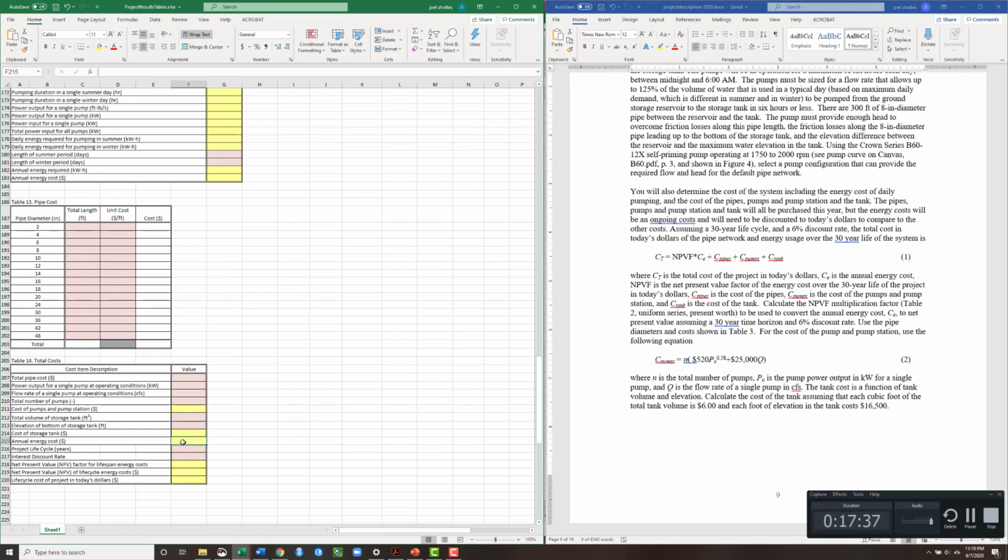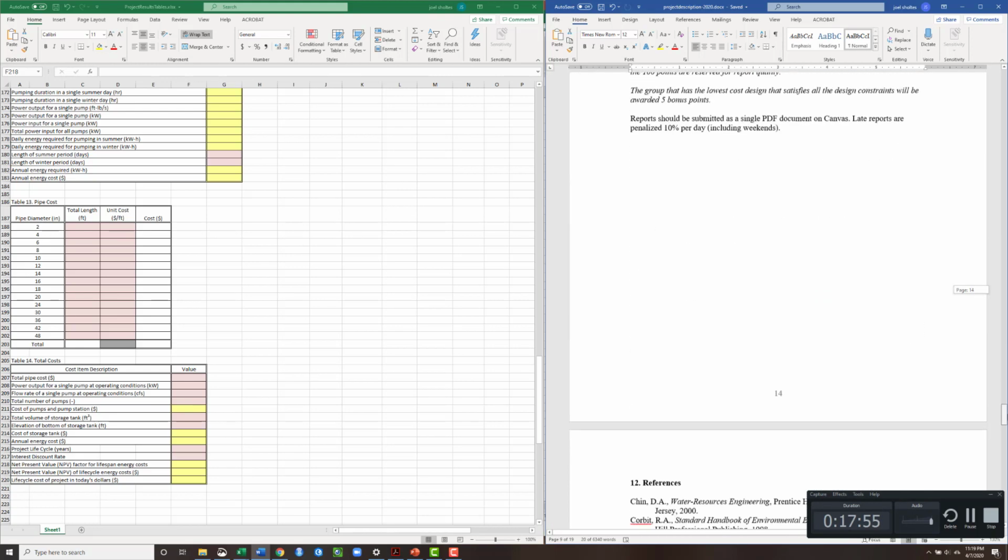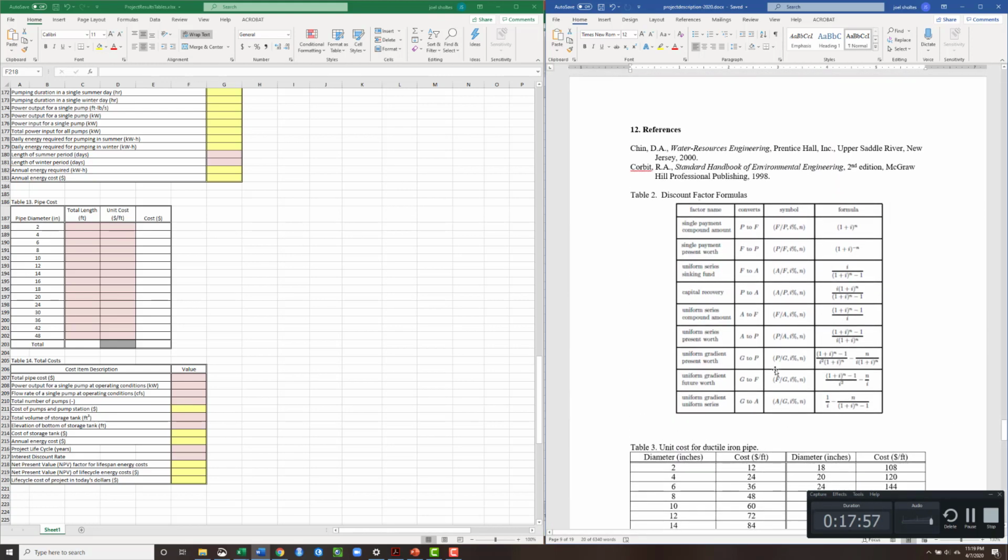annual energy costs, our project life cycle in years, we're saying that's a 30-year life cycle, and we've got a discount rate we're going to assume of 6%. So now we want to calculate the net present value factor, which is based off of this table.